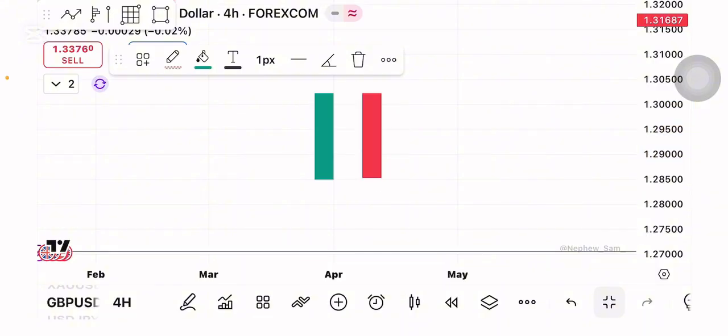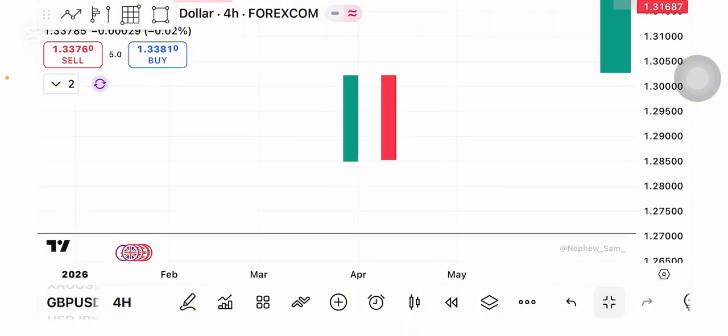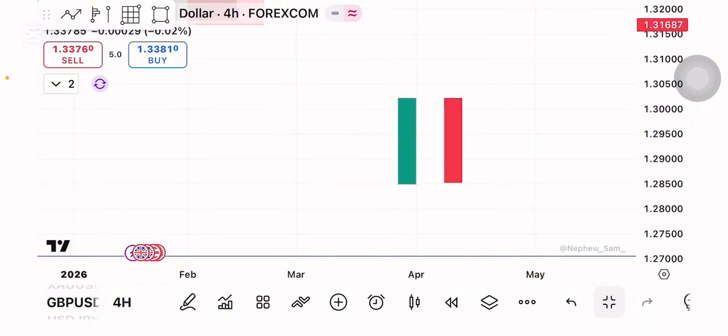This is your candlestick if you're just opening, but you can decide to customize yours later on to any color you feel more comfortable with. But this is the main color if you just open the trading view. Green for buys, bullish, while red for sells, bearish.